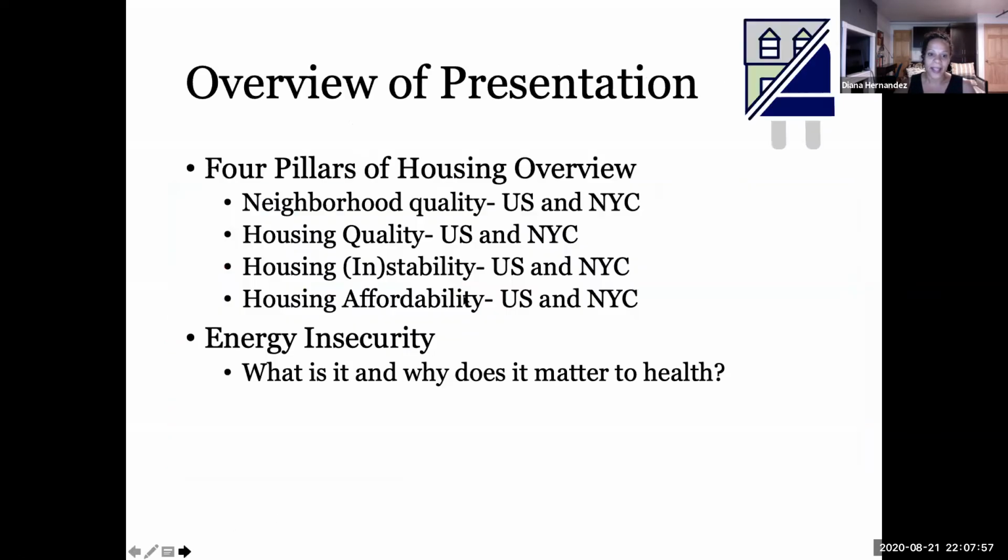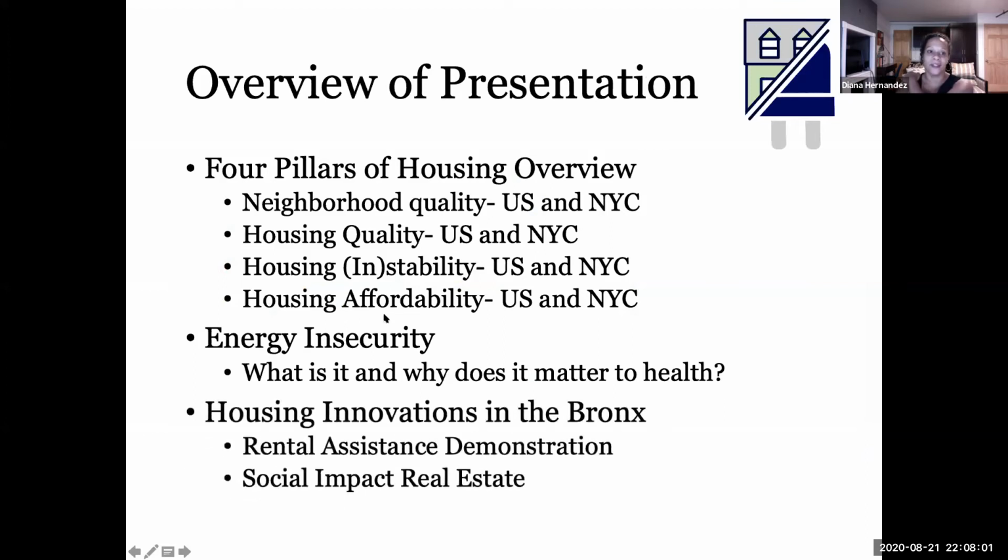So today I am going to be presenting on three different areas. My slide deck is packed. I will try to keep to 45 to 50 minutes, leaving enough time for engagement. I'll be talking about the 4 pillars of housing and how they're related to health, energy and security, what it is and why it matters to health.